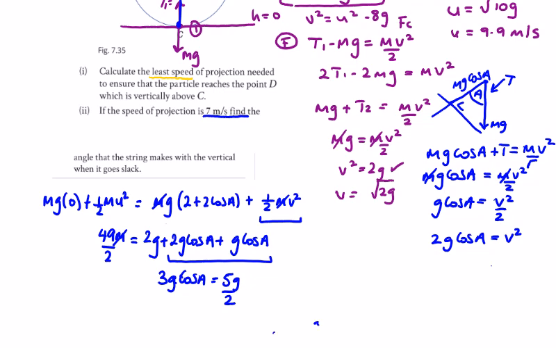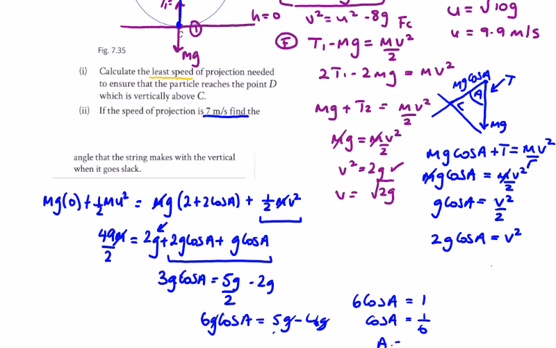So we have to bring across the 2g, that will be minus 2g. If I multiply by 2, I'm going to get 6g cos A is equal to 5g minus 4g. Dividing by g, I get 6 cos A is equal to 1. So cos A is 1 over 6, which would give an angle of 80.41 degrees.